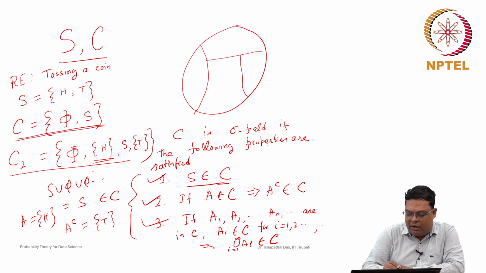Now, if you take any finite union, or even an infinite collection of distinct elements, you can repeat those things.